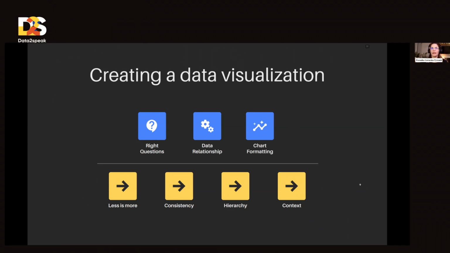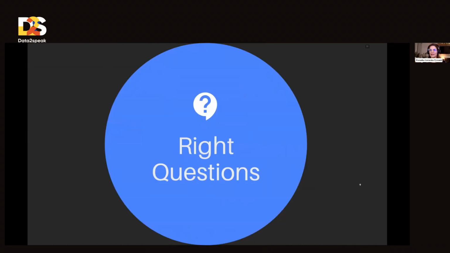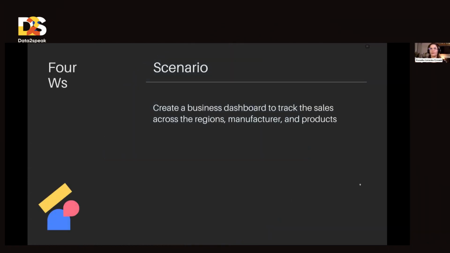So now I would like to jump to examples, and actually, hopefully we will do them together. So let's start with the right question. And read the scenario and try to think about the 4 W's. I will give you a minute.